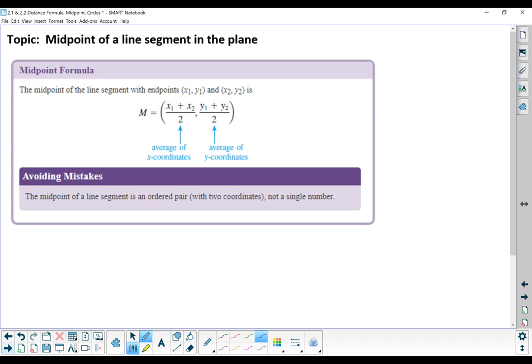So the next one is the midpoint formula. If you are trying to find the midpoint of a line segment, it's just the average of the x coordinates and the average of the y coordinates to get the coordinates of that midpoint. And midpoint is a point with 2 coordinates, not a single number.